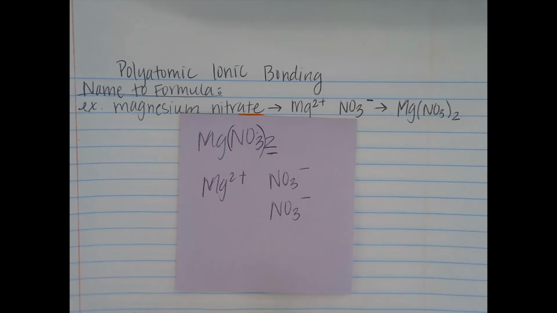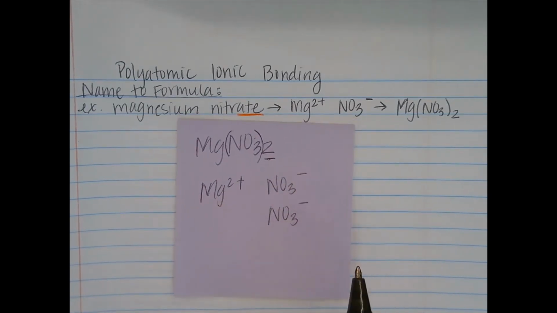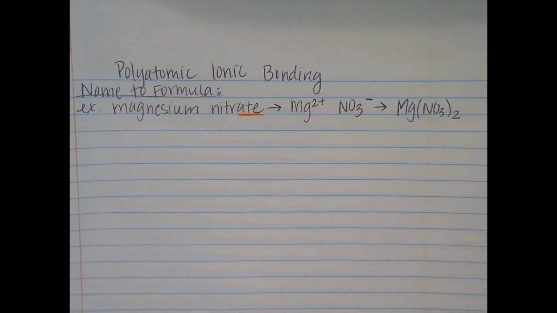And if I check, this is still a neutral compound. I have two pluses and then two minuses, and that all adds up to 0. So I still have a net neutral compound. That's it. It's the same process that we were doing before, except now one of our ions is a group. Let's make a quick note and then we'll do some more examples, okay?